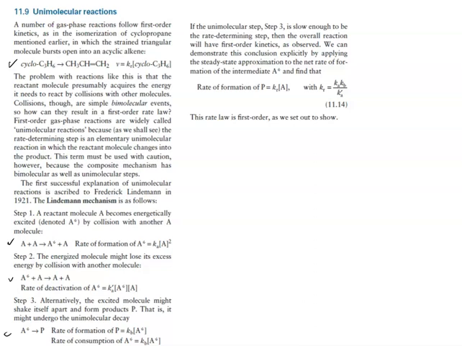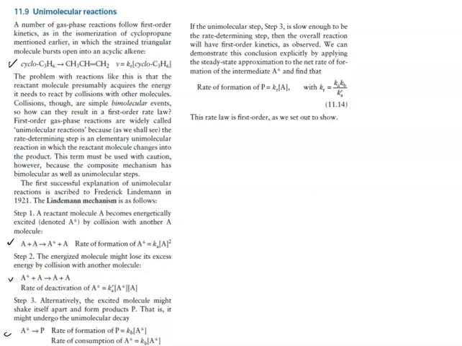Now, if the unimolecular step, step 3, is slow enough to be the rate-determining step, then the overall reaction will have first-order kinetics, as we observed, because the rate of reaction will be determined by a first-order kinetic step.